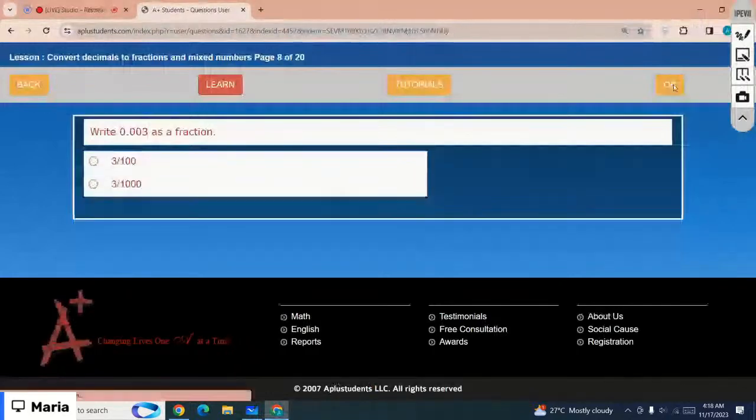Okay, the next one is write 0.003 as a fraction. Which option is the correct option?